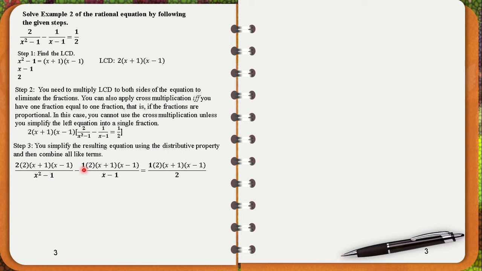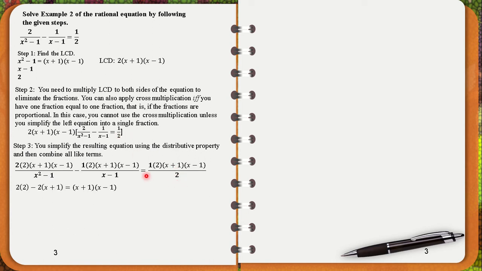So, 1 times 2 times x plus 1 times x minus 1, kopyahin yung denominator na x minus 1, is equal to, lastly, multiply ulit natin yung LCD dito sa fraction na nasa right side. So, yung LCD times 1 is 1 times 2 times x plus 1, x minus 1 over 2. Okay.